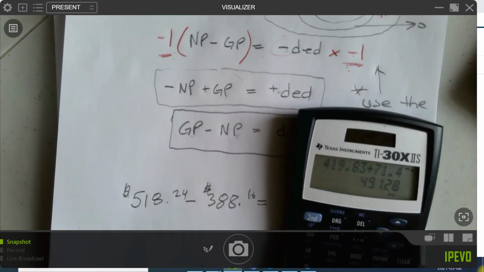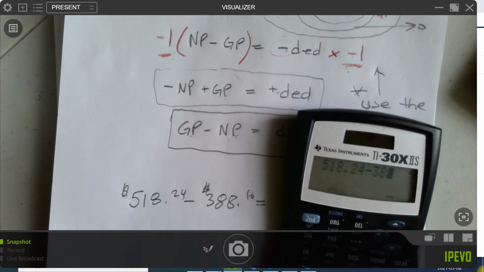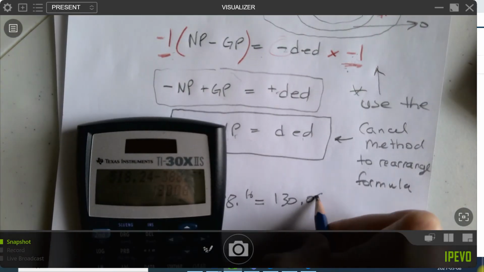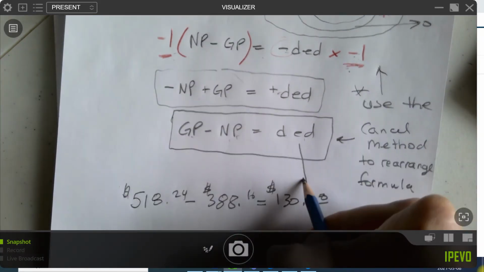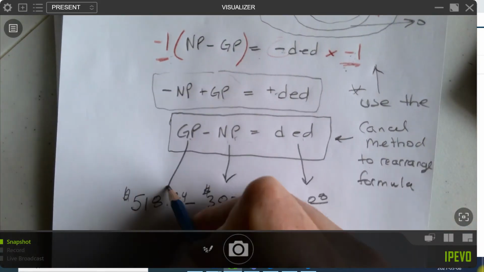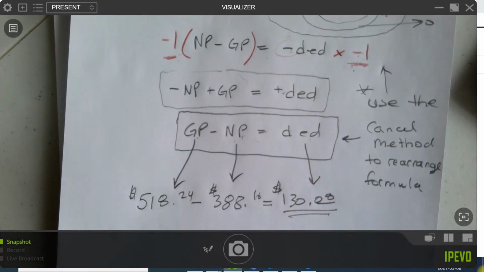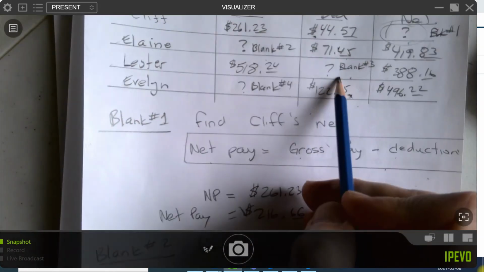Calculator loves to shut off. 518.24 minus 388.16 gives me $130.08. So that is my deductions. Okay, and that's my answer for blank number 3. So blank number 3 in that table was Lester's deductions. So we figured that out.